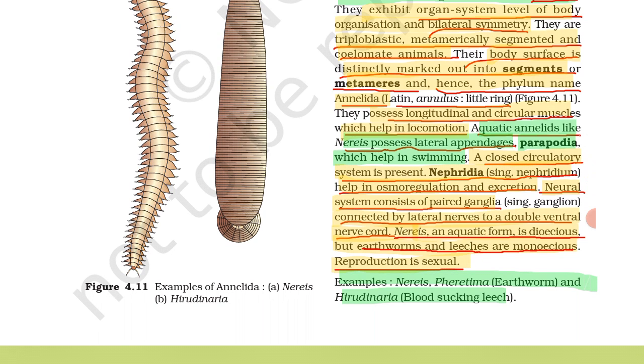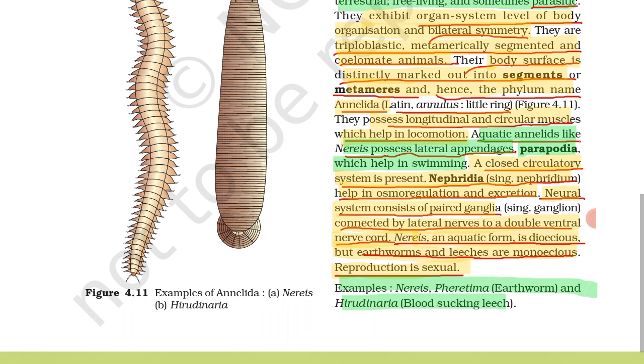Nereis is an aquatic form that is dioecious, but earthworm and leeches are monoecious. Reproduction is sexual, and examples are Nereis, aquatic annelid, Pheretima, earthworm, Hirudinaria, blood-sucking leech.